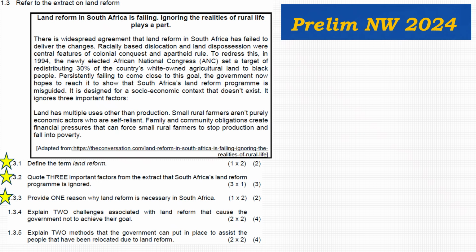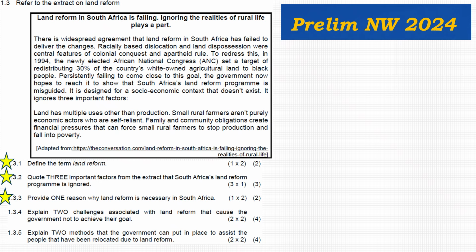To redress this, in 1994, the newly elected ANC set a target of redistributing 30% of the country's white-owned agricultural land to black people. Persistently failing to reach this goal, the government now hopes to reach it. Critics show that South Africa's land reform program is misguided. It is designed for a socio-economic context that doesn't exist.